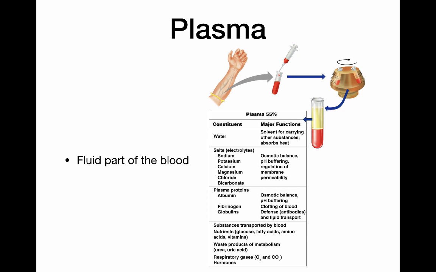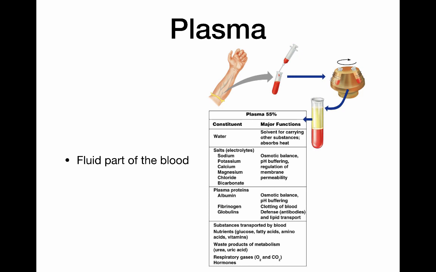Then we have our electrolytes, things like sodium, which is our primary extracellular ion, necessary to maintain osmotic balance in our body. We have potassium, which will ultimately play a role in our ability to manage our pH.